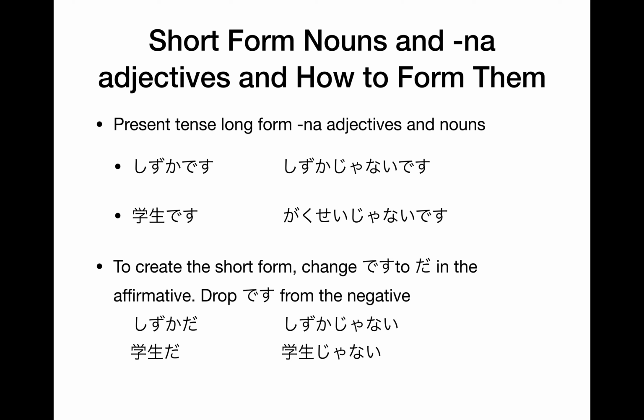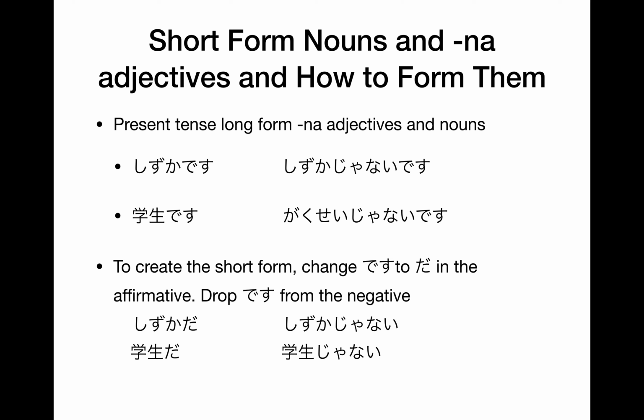So here, the tricky thing is in the short form affirmative, desu changes into da. However, oftentimes the da is left out when you are using informal speech. This is actually grammar point 2 of lesson 8, and I will cover it in more depth in another video.